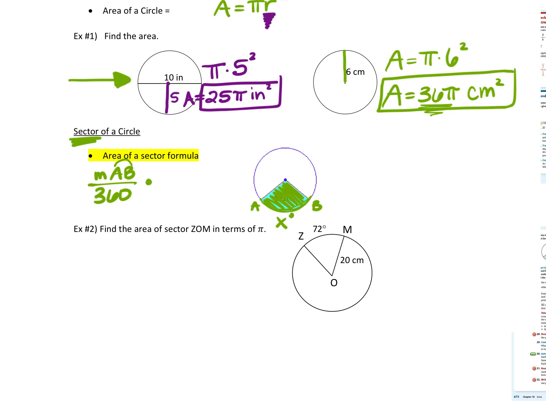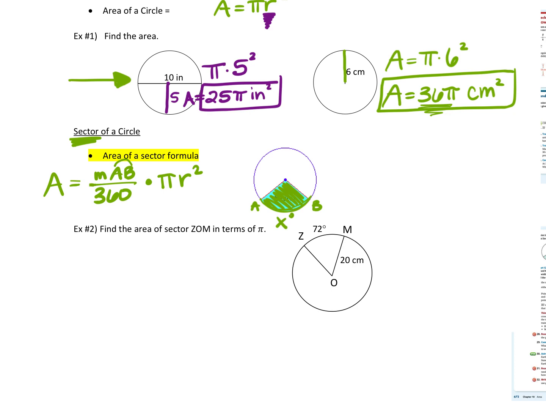When we found arc length, we took that fraction times the circumference of the circle because we were looking for the length of the arc. Now we're looking for an area, so you're going to take a fraction of the area, pi r squared. So this is the formula for the area of a sector: the measure of the arc divided by 360 times pi r squared.